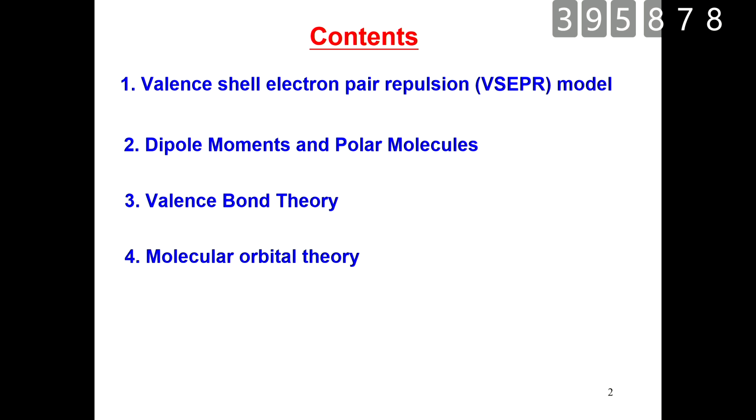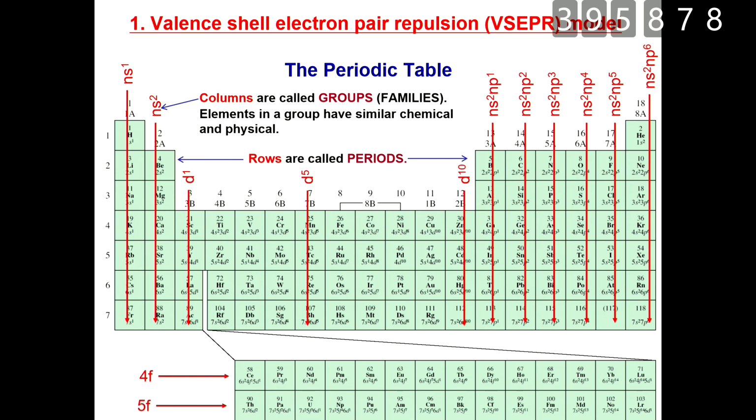And the second part is about the dipole moments and the polar molecules. The third one is about the valence bond theory. And the fourth one is the molecular orbital theory. So from here we know in the same group they have similar electron configurations.